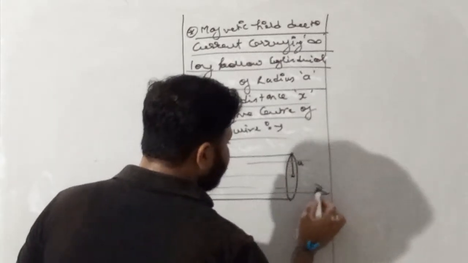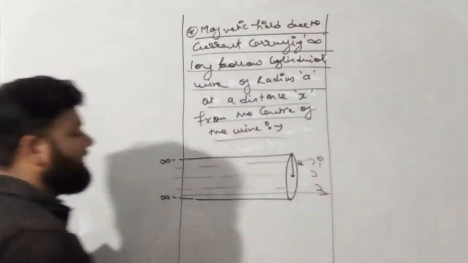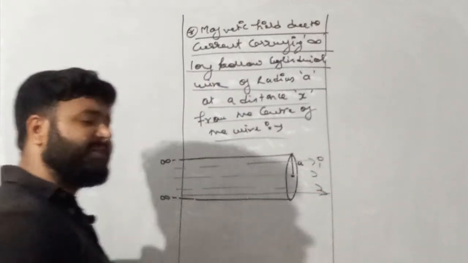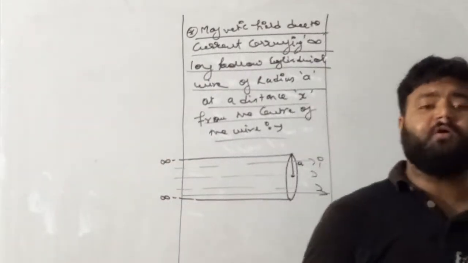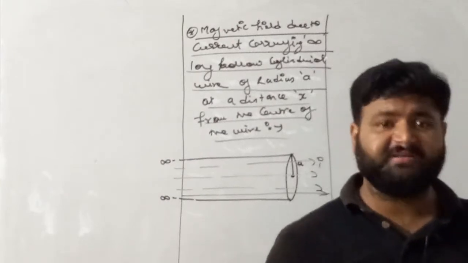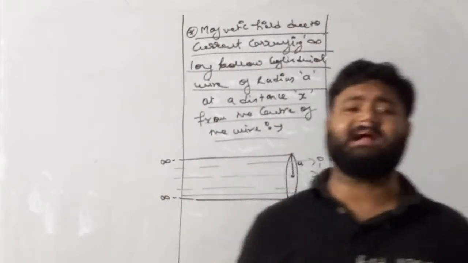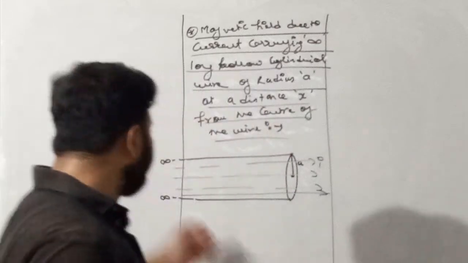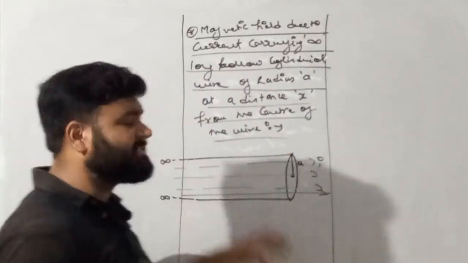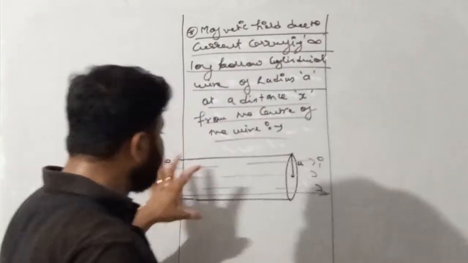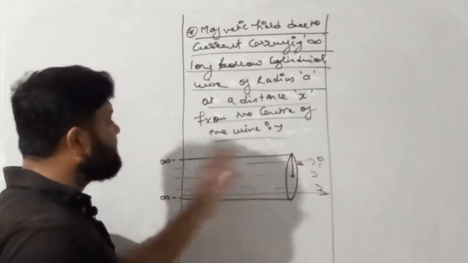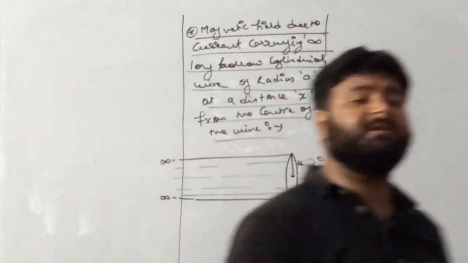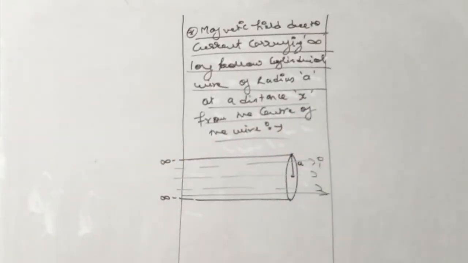Remember, in case of hollow wire, the current only flows on its surface, because to flow current we need a surface, any ground. So hollow wire from inside is empty, so only surface is there. So if only surface is there, then current is only capable to flow from its surface.